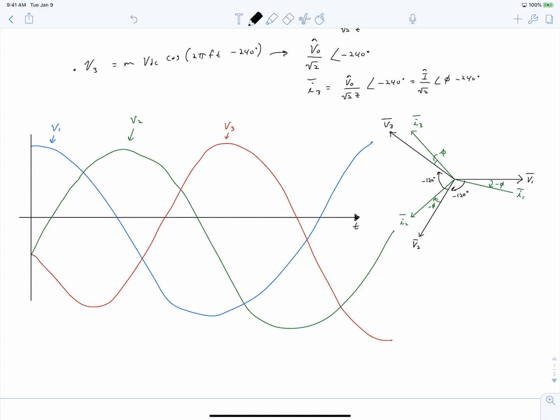So we get our voltages drawn on here. We've got V1, V2, and V3. And again, each of these voltages are shifted in time corresponding to 120 degrees. So they're shifted by 120 degrees from each other. Phase V2 is delayed by 120 degrees from phase 1. And we can then sketch our currents as well.